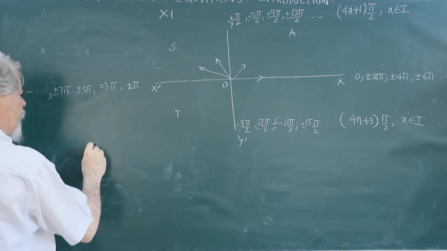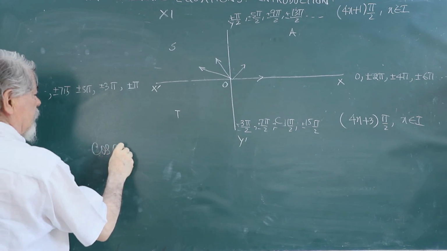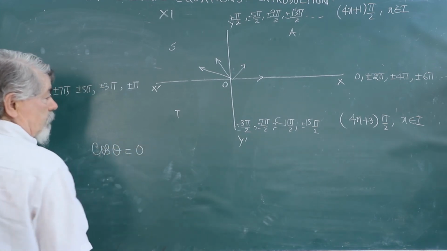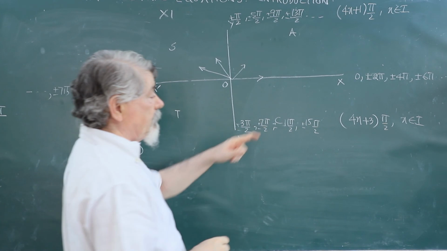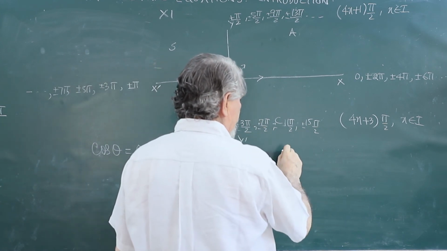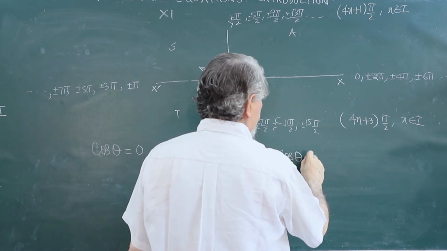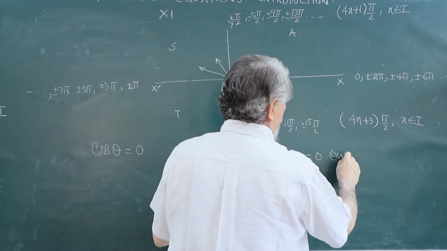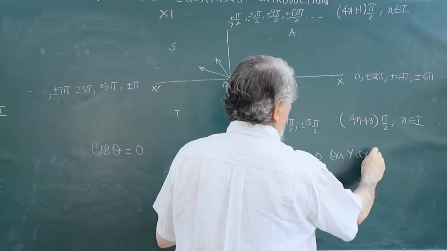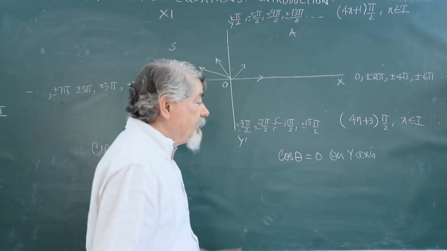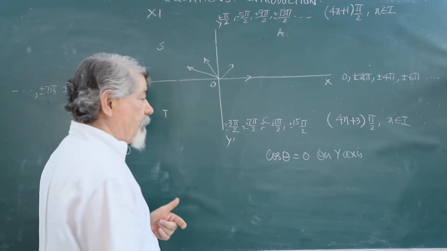So the second equation is cos theta equal to 0, and if I generalize this, cos theta is 0 on the y-axis, or when theta is an odd multiple of pi by 2.